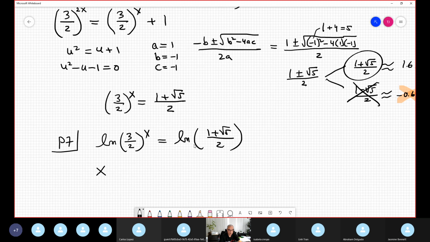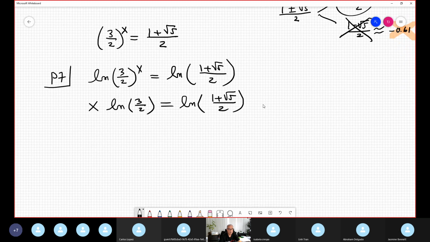It allows me to put the x in the front. Finally, divided by ln 3/2, both sides. X, my solution, is ln of 1 plus radical 5 over 2 divided by ln 3/2. And the rest is calculated.